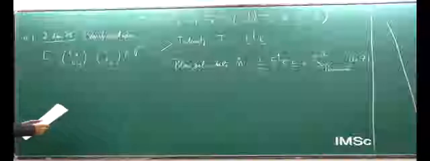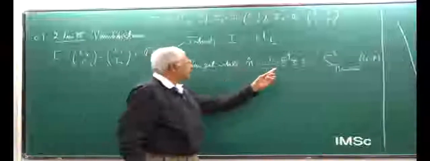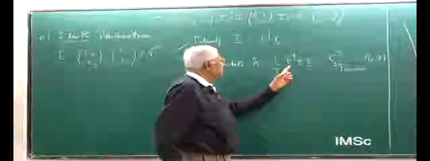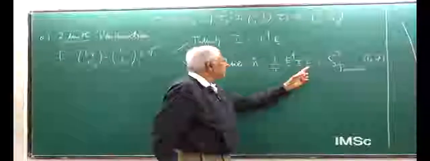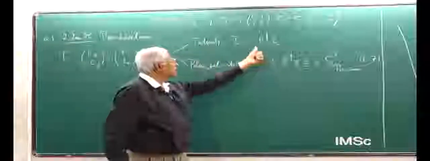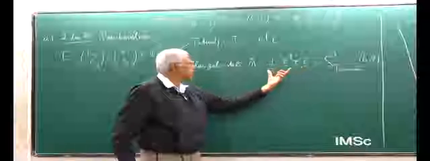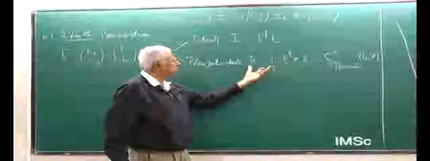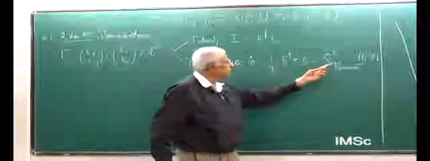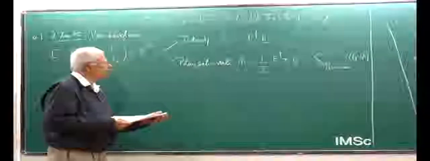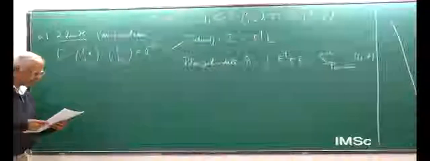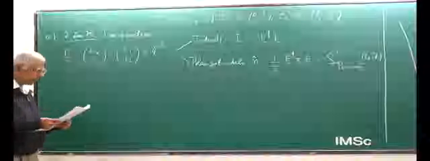So if you define E dagger tau 1, tau 2, tau 3 E divided by intensity for normalization, this is a real three-dimensional vector. It's a unit vector. And you get a point on the Poincare sphere, S2, and that describes completely the polarization state.